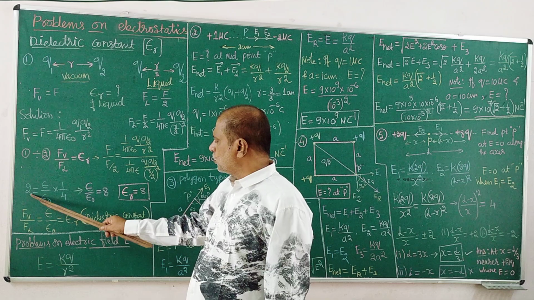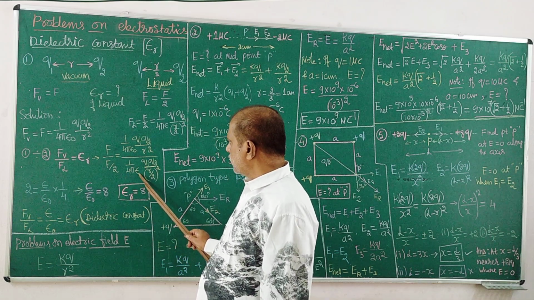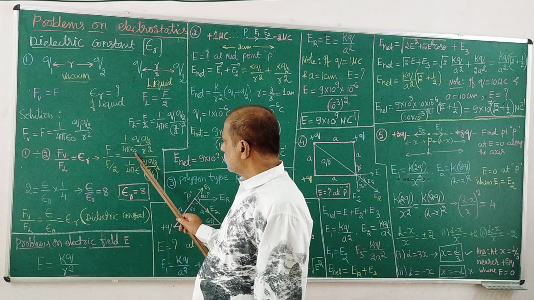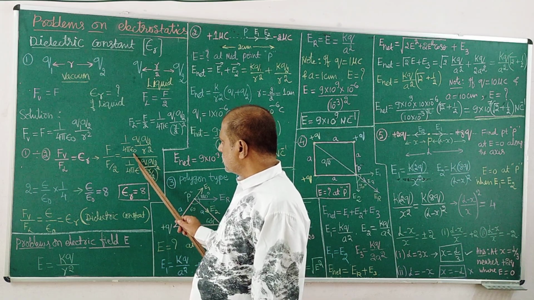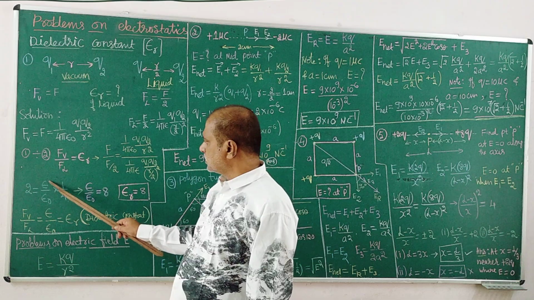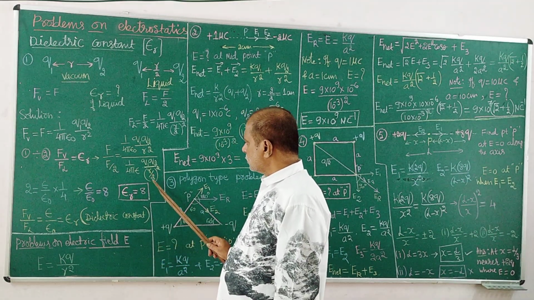Left hand side 2 equals epsilon by epsilon naught over 1 by 4.